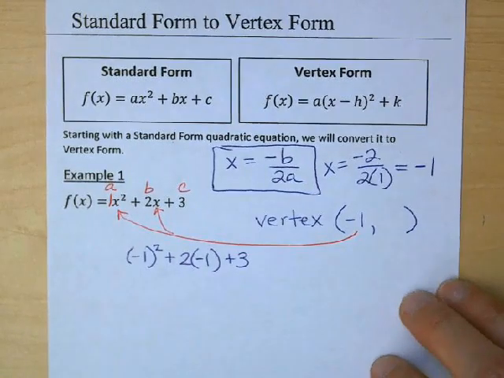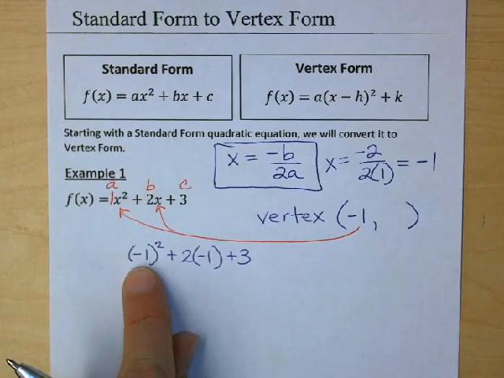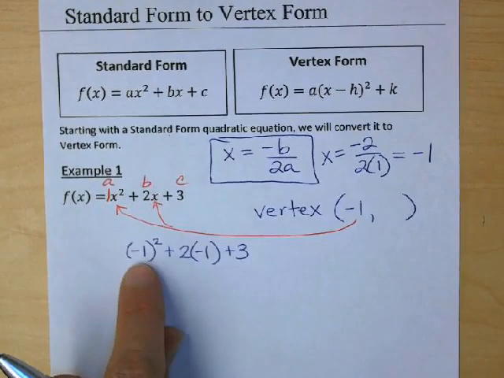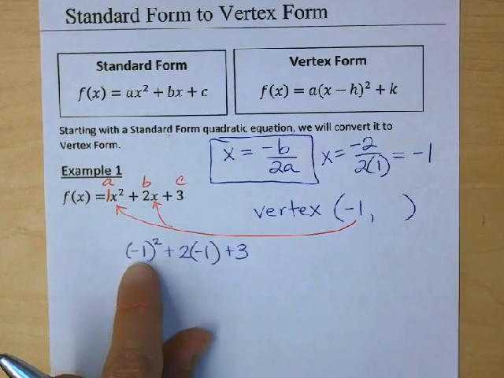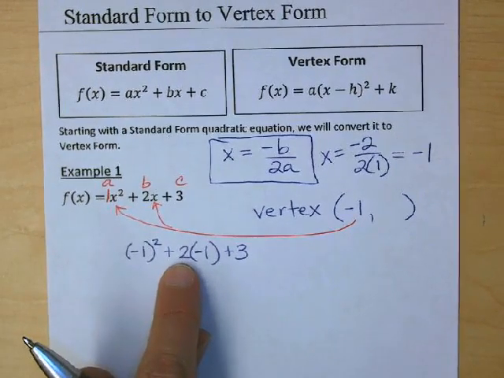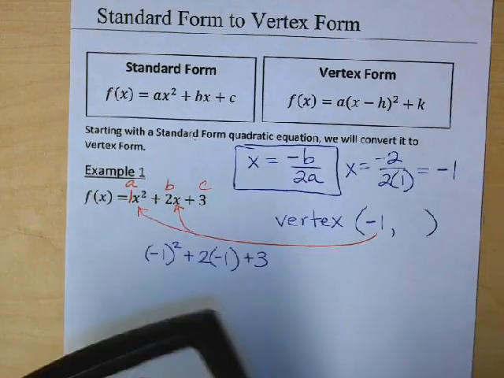You need to do the math on a calculator. See how I'm using parentheses? When you put a number in that you have to square, you need to use parentheses. Negative 1 squared plus 2 times negative 1 plus 3. 2. You got a 2.